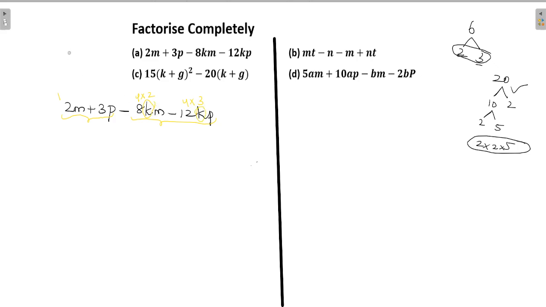Now we regroup: the first 2 terms in one set and the next 2 terms in another set. Now we are going to start the factorization. There is only 1 as the common factor of the first 2 terms. So except 1 there is 2m plus 3p.